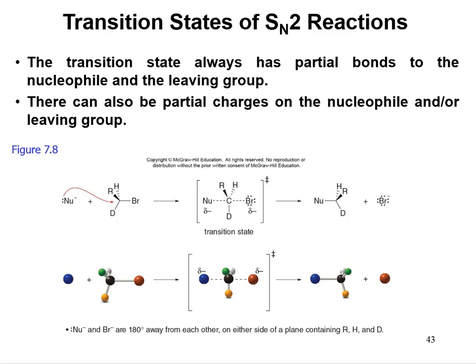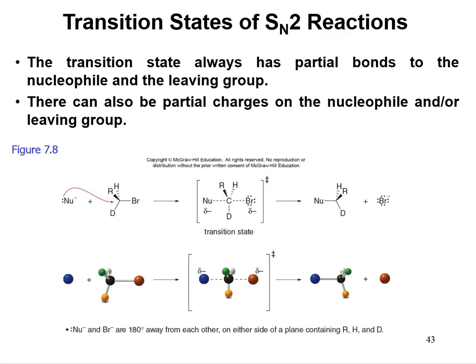Studies using a label have proven this approach. An example label uses deuterium in place of one of the hydrogens. Deuterium is an isotope of hydrogen and can be differentiated in instrumental studies. The leaving group breaks away from the molecule as the nucleophile is attaching to the electrophilic carbon.